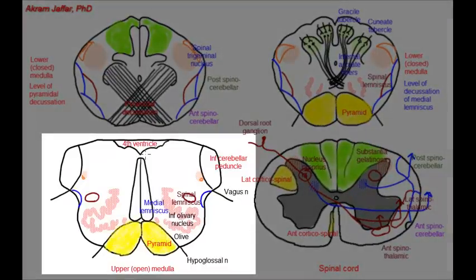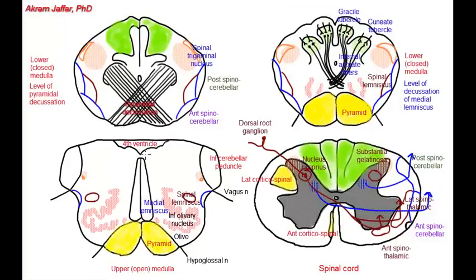At the level of the open part of the medulla, the upper part of the medulla, we can see the vestibulocochlear nuclei. Here we have two groups of nuclei, a vestibular nuclear complex and the cochlear nuclei. This nuclear complex extends from the medulla to the pons.